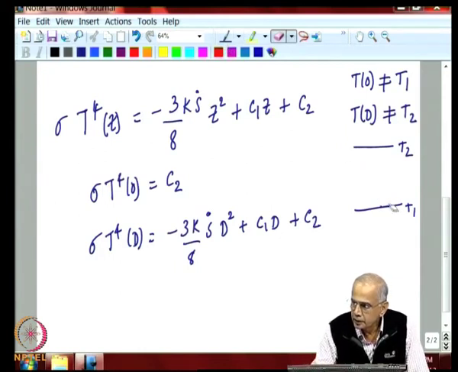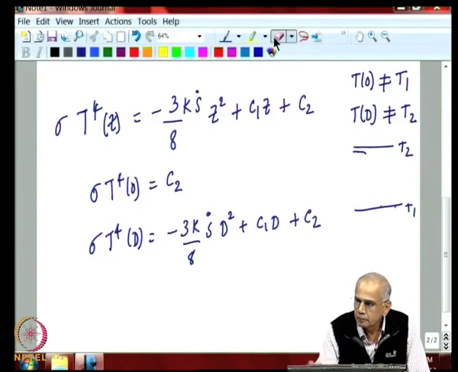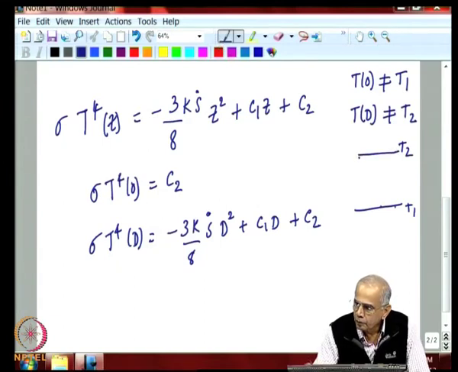So, you must recognize the existence of two jumps here, one at the top wall and one at the bottom wall.